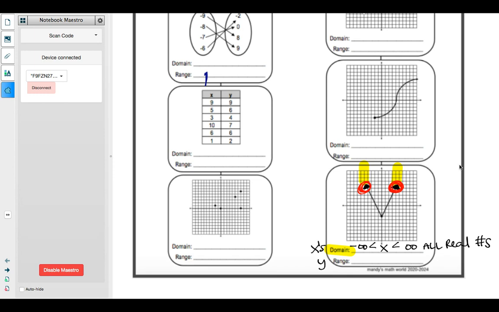So now let's look at our range, and that's our y's. Okay, so I go from the bottom to the top. I have a boundary at the bottom. Okay, and then once I try to make my boundary up here, the same thing happens. I run into these arrows, which means that it's continuing on up and up and up forever.